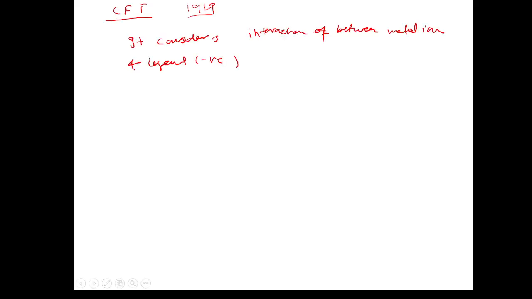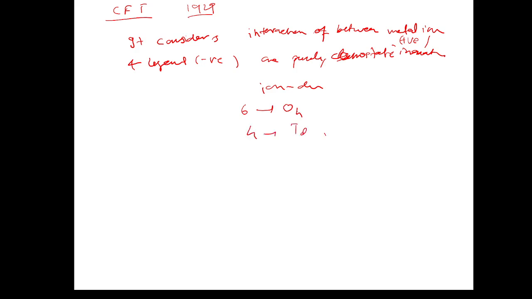The metal is positively charged, and the interactions are purely electrostatic in nature. If ligands are neutral, then we have ion dipole interaction. So they proposed, if we have coordination number 6, that is octahedral. If coordination number 4, there are two types, tetrahedral and square planar. We will come into the detail. And for coordination number 2 we have linear.